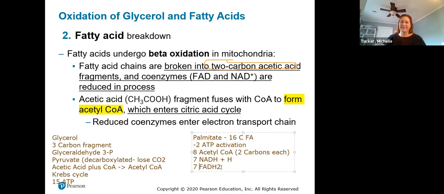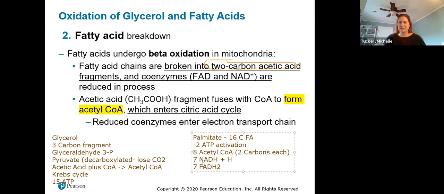If you were given an 18-carbon, let's go with 20. We can go with a 20-carbon fatty acid. You should be able to tell me the number of acetyl-CoAs. 10, very good. And the number of NADHs and number of FADH2s. 9, very good.